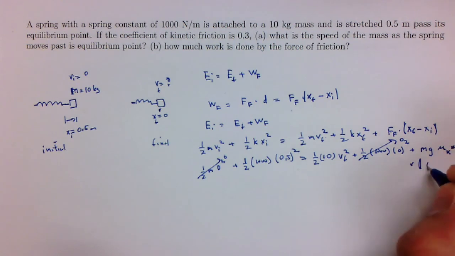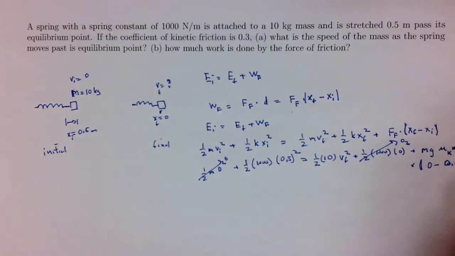So this is 0 minus 0.5 in absolute value, which is 0.5.